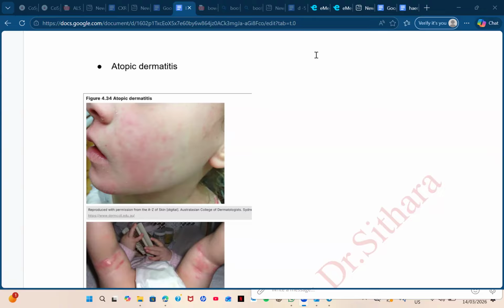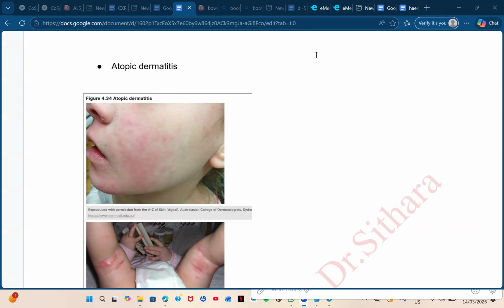Here, atopic dermatitis presents as dry erythematous patches. It can affect any area of the skin, but typically occurs in face, cubital and popliteal fossa behind the elbow and knees, wrist, and ankle. The hallmark of atopic dermatitis is itchiness, right? So please keep these things in your mind.